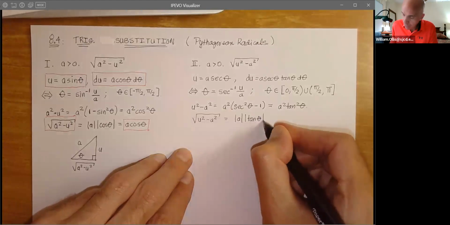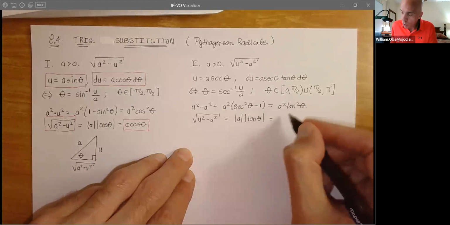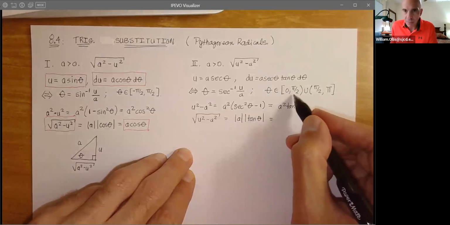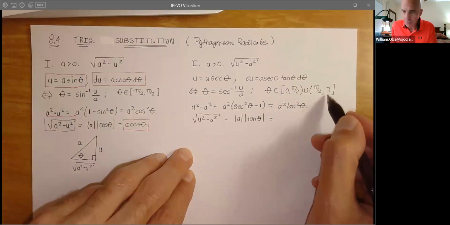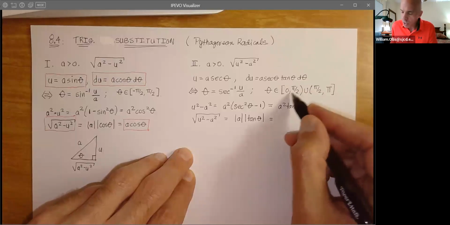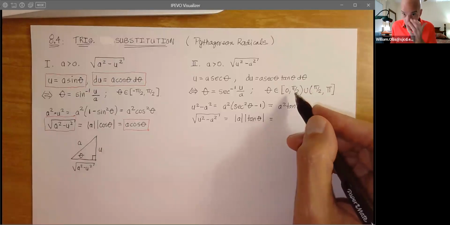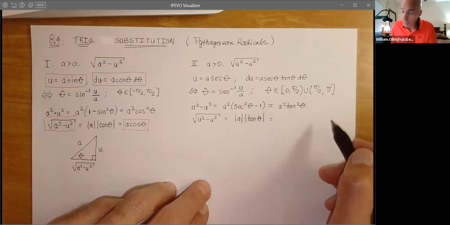Now, of course, the tangent, this is where, when we're doing integrals, we'll usually opt for theta here for clarity. Of course, if we run over here, then we've got sign issues that we have to deal with because we're in the second quadrant. So normally, we want to just think about our antiderivative living here. And if we do a definite integral, we need to make sure that these limits satisfy this particular part of the domain.